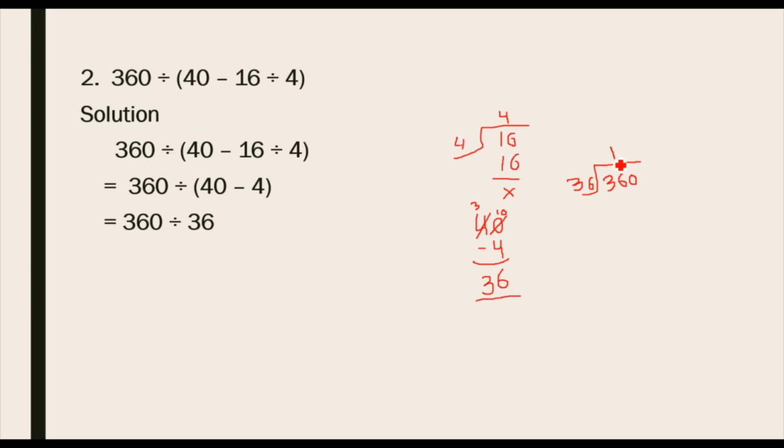When we multiply it by 1, we get 36. Now we have 0 left in the dividend, and when we have 0 in the dividend, we shift it to the quotient. So when we divide 360 by 36, we get 10.